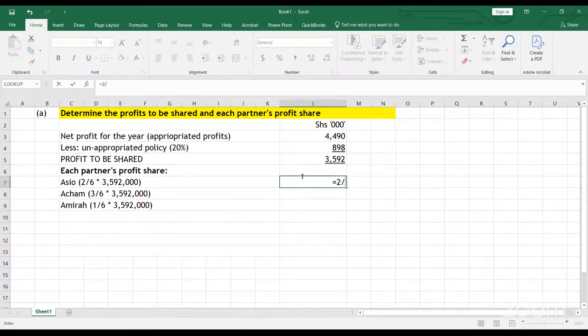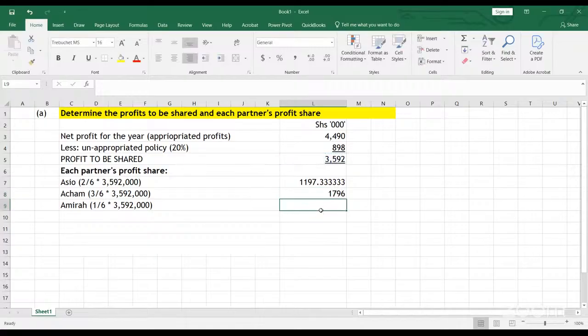Asio is 2 over 6 times this. That gives us that. Then this is 3/6 times this. Then this is 1/6 times this, which gives us that.